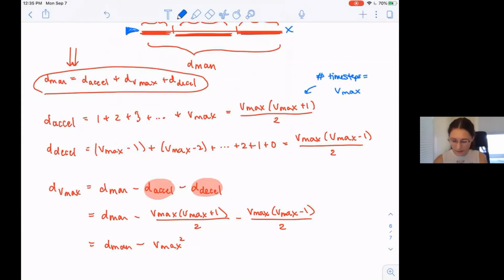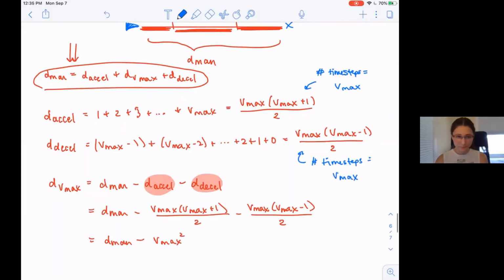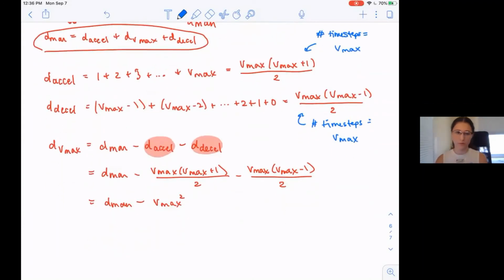What about for the deceleration portion? What are the number of time steps here? It's actually the same, because we're also just going from our max velocity all the way down to 0. What about this final portion? What about the number of steps that it takes us to travel this v max distance?